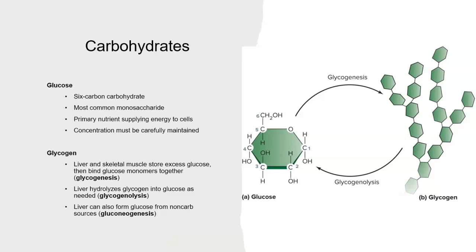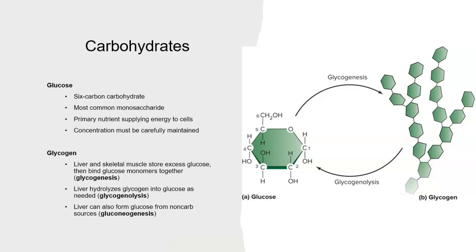The liver's going to take that glucose and hook it together and make a long chain branched carbohydrate out of all those individual glucose molecules. That carbohydrate is called glycogen. The liver stores it so we can release it when we need it. So glycogenesis is taking excess glucose and creating glycogen.